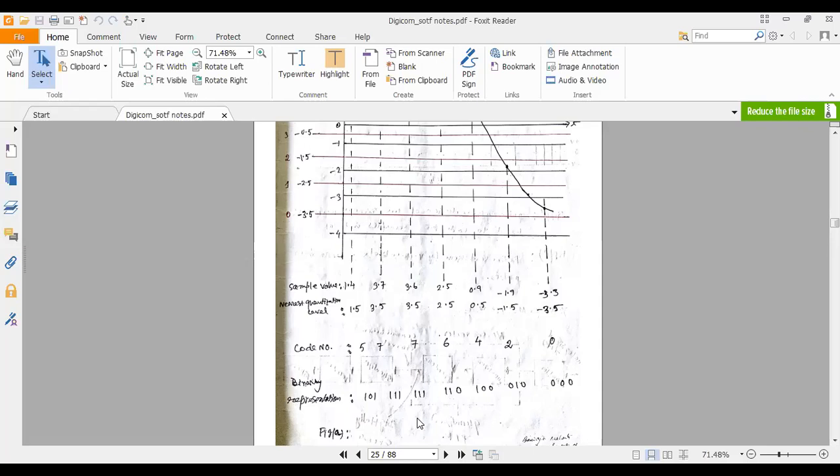So I told the relation. Then the step size, what could be the gap between any two quantization levels and how to measure the step size, that I also described to you. And then we find out the nearest quantization level. Then we got the code numbers for each individual quantization level. Then we got the binary representation.